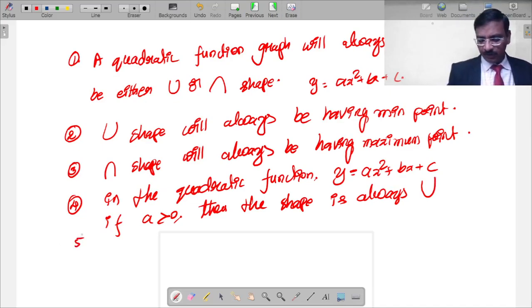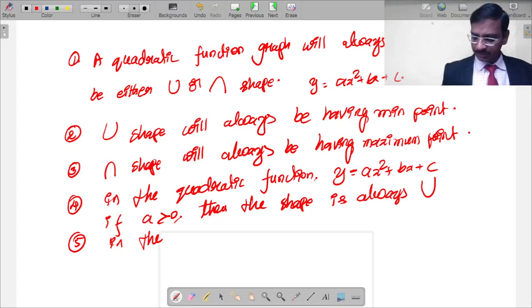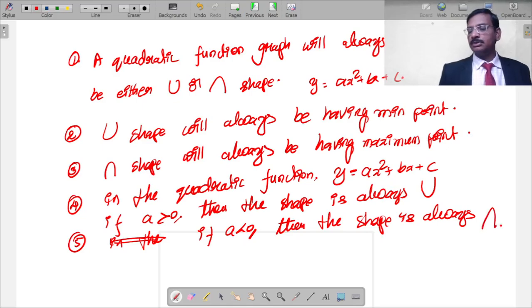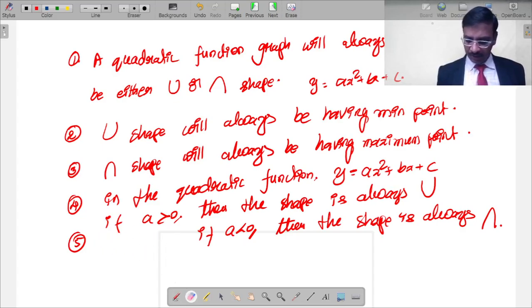Similarly, the fifth point is, if a is less than 0, then the shape is always inverted. So if the a value is less than 0, then you are going to get inverted U. And if the a value is greater than 0, then it is always a U shape. U shape will always have a minimum value, and inverted U shape will always have a maximum value.